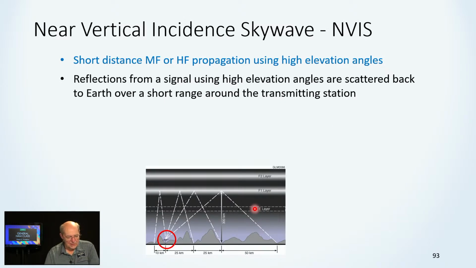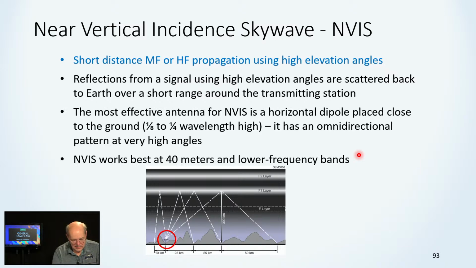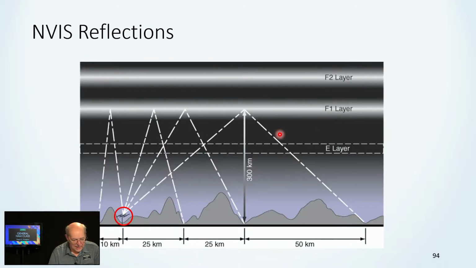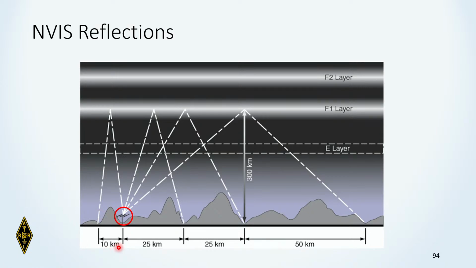And then we're going to talk about near vertical incidence skywave. Some people call it NVIS, or some people call it NIVIS. Whatever you want to call it, it's short distance, medium frequency or high frequency propagation using high elevation angles. The basic idea is that we're shooting a signal almost straight up into the air.